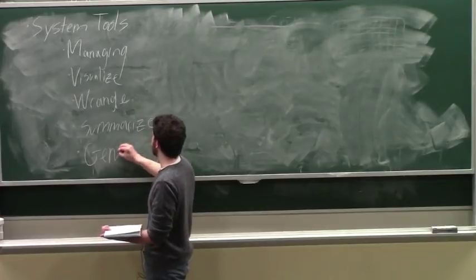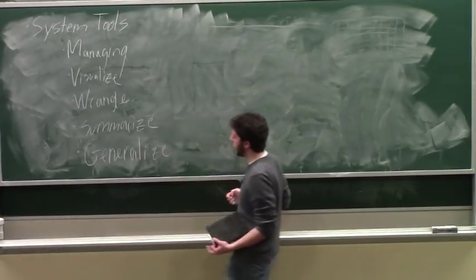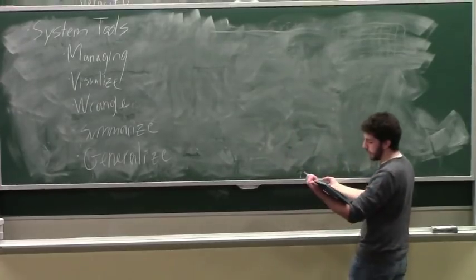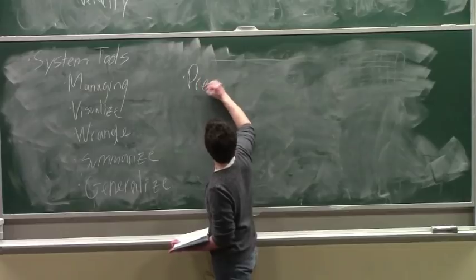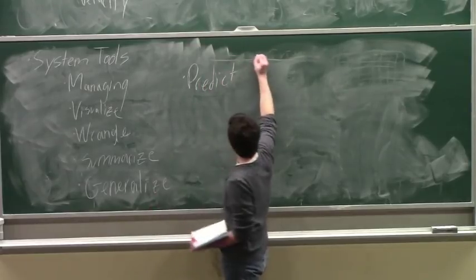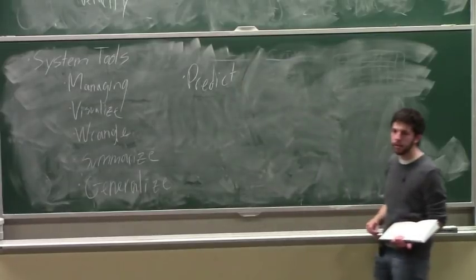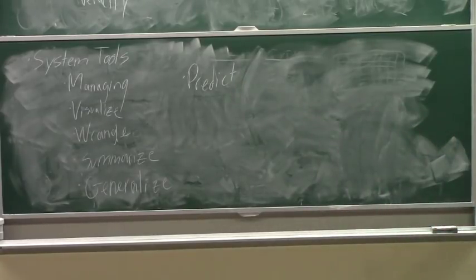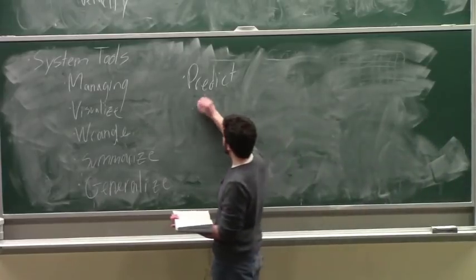Generalize. So that's stuff like measurement bias and estimators. Predict. So perhaps using the data to predict things. That's classification, regression, some things like that. And then control.